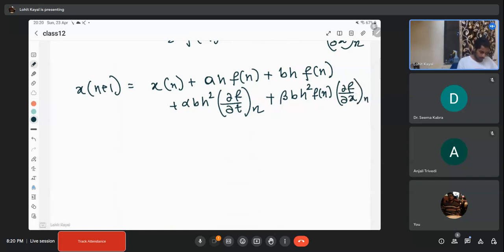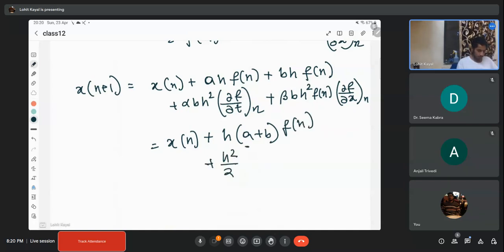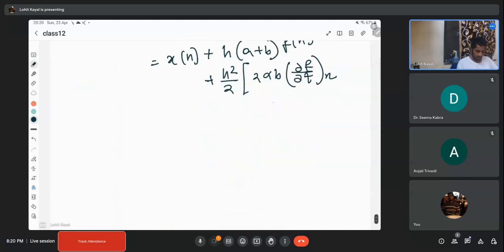Okay, so we can take a few terms common over here: h times a plus b f of n plus h square by 2 into 2 alpha b del f del t of n plus 2 beta b f of n.